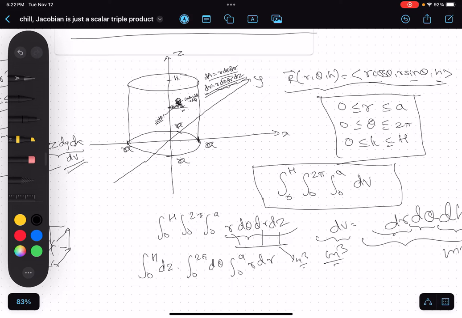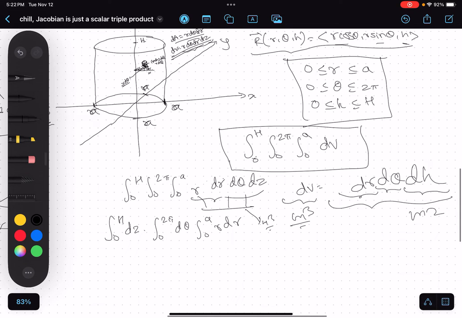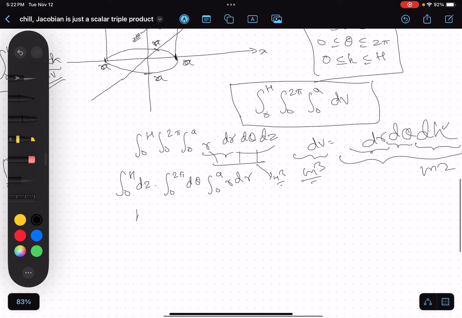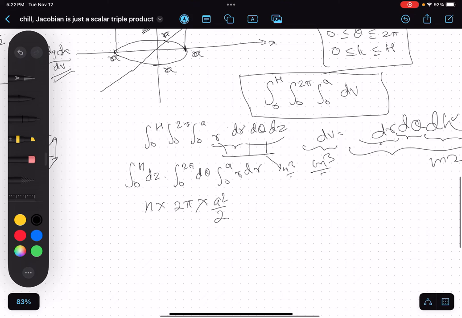Sorry, over here the order of integration isn't matching. This is slightly wrong, because the way I should write it is, first of all there are the limits of radius, so dr, limits of angle, so d theta, limits of height, so dz. Okay, now it matches. Height and dz are the same. Now this becomes just height times 2 pi times r square by 2, so a square by 2. So the 2 cancels, and pi a square remains, which is exactly the volume of a cylinder, right?